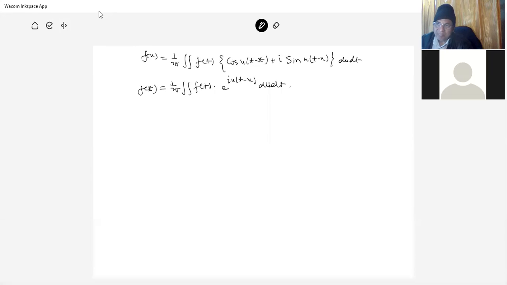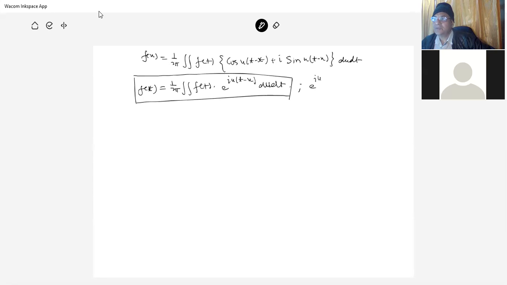So what we find, this is the Fourier transform. e raised to the power iu(t minus x) is equal to cos u(t minus x) plus i sine u(t minus x) expression.